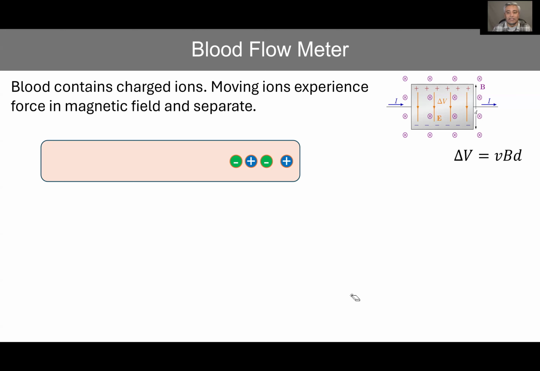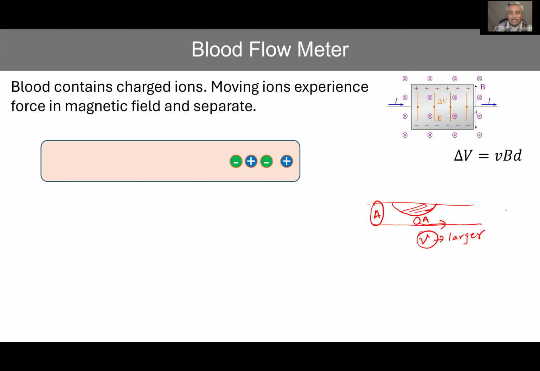When we have an artery or vein with a plaque, something like this, in this region the area becomes smaller, and in this region the area becomes larger. Where the area is smaller, the speed becomes larger. So the speed of the blood changes when there is a plaque.